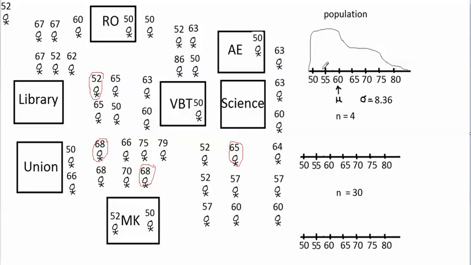So, like I said, we're pretending that the mean height of the university is 60 inches. We're pretending that the heights are positively skewed in the university with more shorter students. And we're also pretending that the standard deviation, or the amount of spread in the heights of the population, equals 8.36.